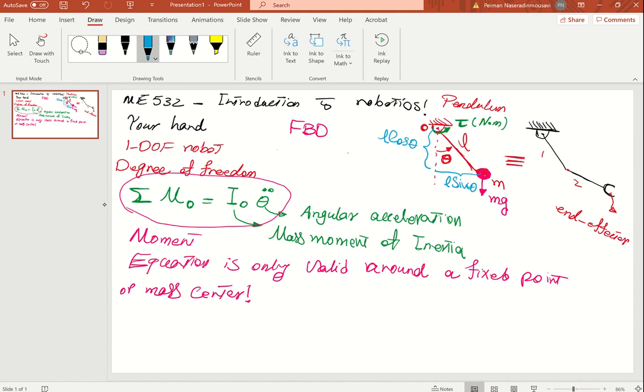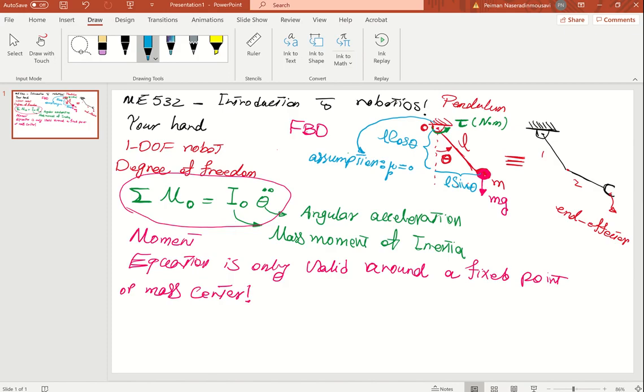Okay, and let me make an assumption. I'm just assuming that friction is 0 at the shoulder joint. We discussed this in the vibration class that I teach every spring.